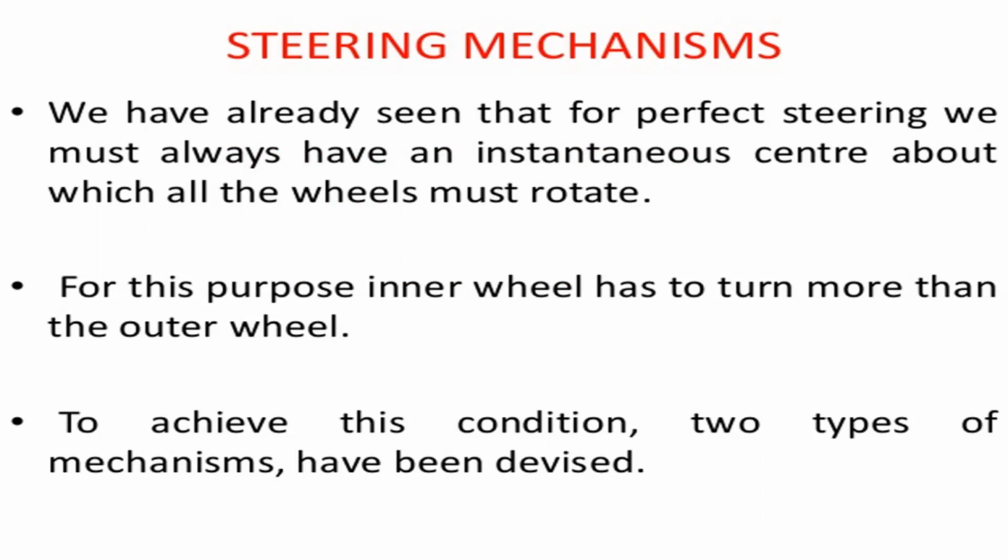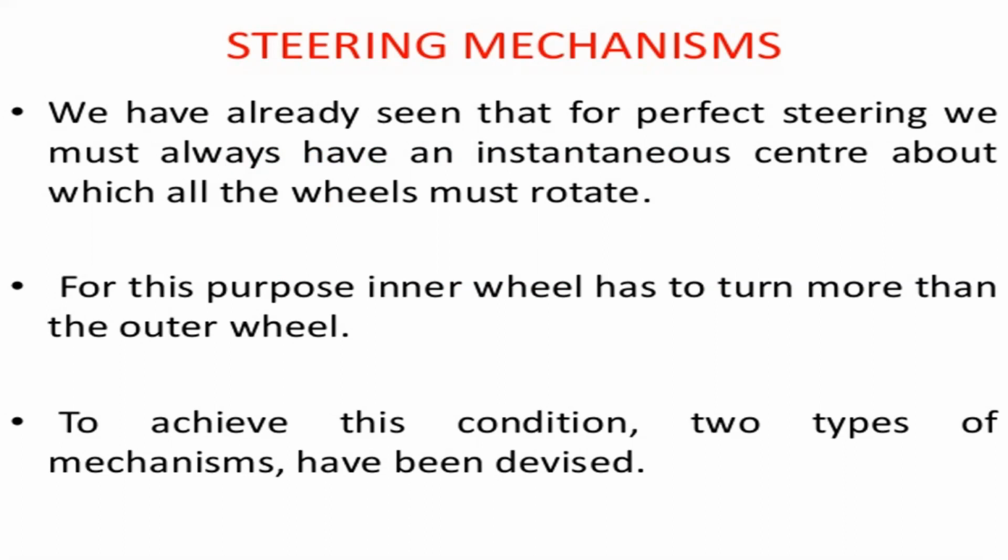So all wheels rotate with very smooth operation and run smoothly on the roads. For this purpose, the inner wheel has to turn more than the outer wheels. The outer wheels turn a small angle compared to the inner wheels.